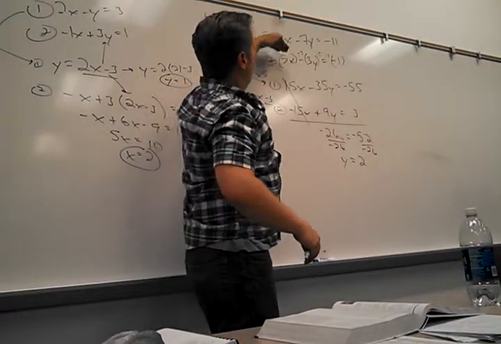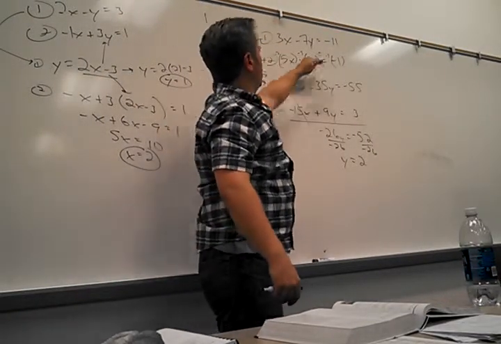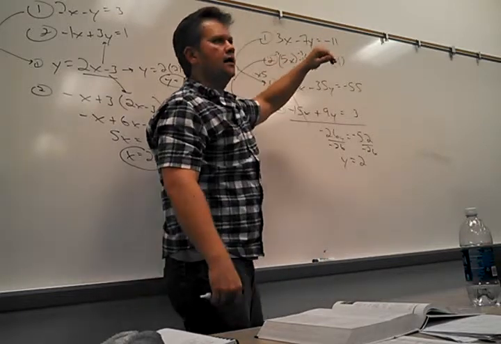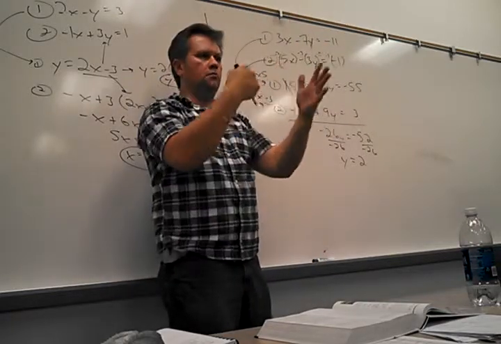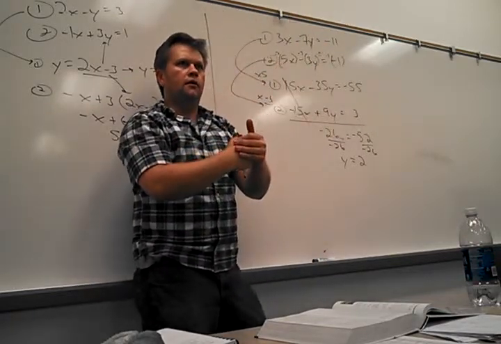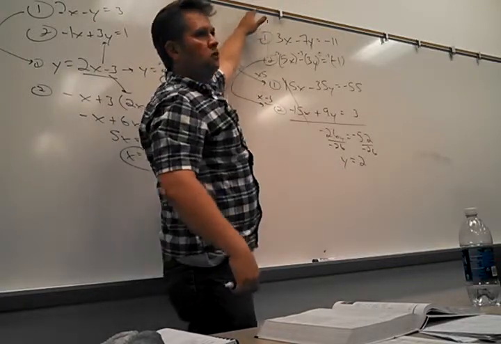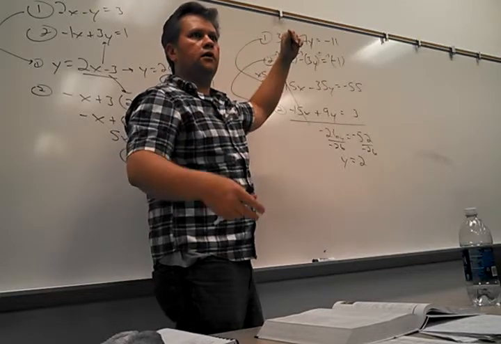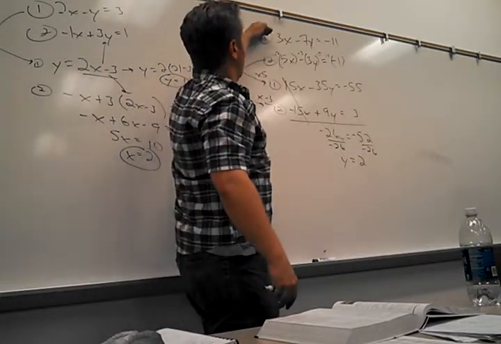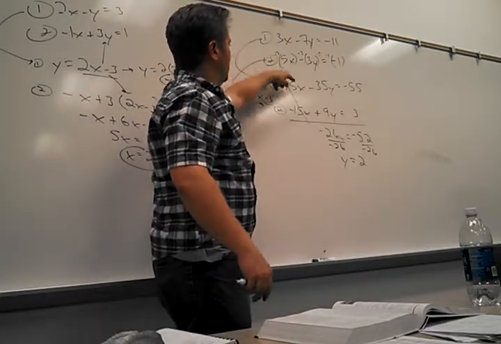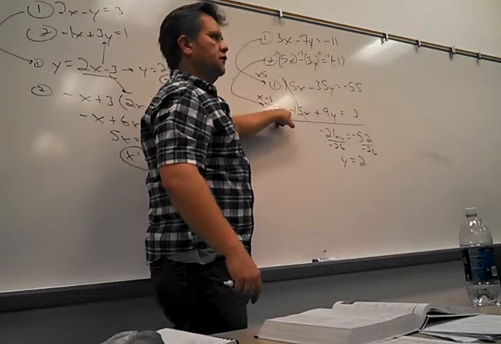Can I make a 3 become a 5 easily? No. Can I make a 7 become a 3 or the other way? No, I can't. So I've got to make them both go meet somewhere. And again, I am completely allowed to do this because they're both equations. I can multiply both of them by something, I don't care what. So if I multiply that one by 5 and that one by negative 3, these will be the same number, different signs.